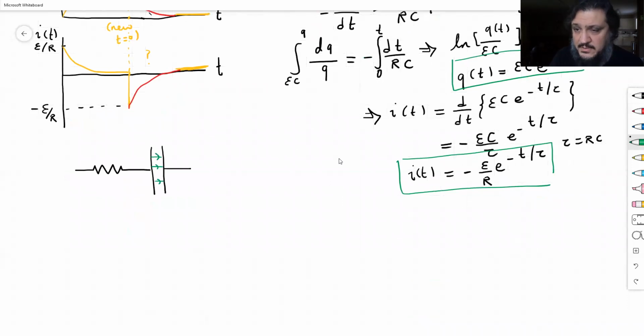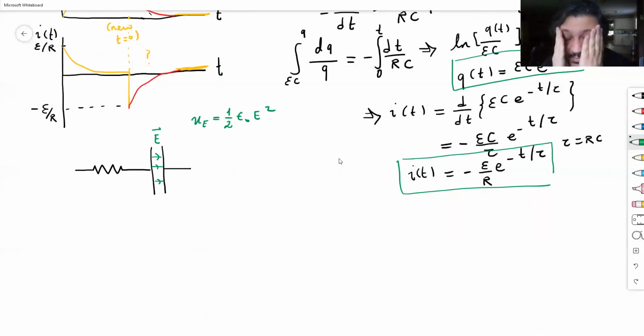And if you remember our discussion regarding energy density associated with an electric field, we had this. The electric field is there, so this applies to any electric field in a given space or volume. You don't even have to have a capacitor. Whenever electric fields are present, you have energy there. But this way, we're storing energy in the capacitor.